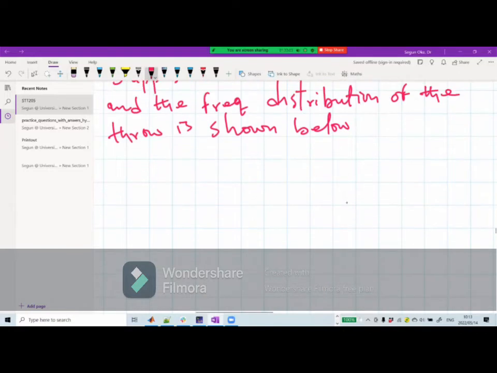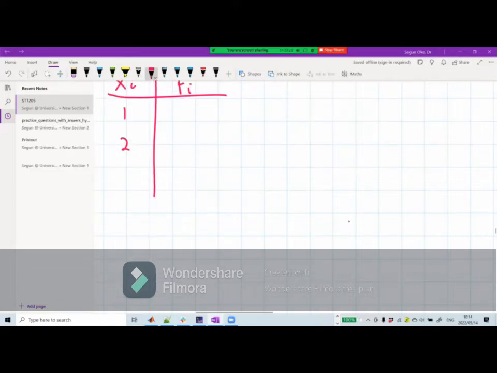Now let's look at this. We have a lot of questions. We're going to this number 2 question. I'll be referring to this number 2 question till we finish this topic. So we have xi and we have the frequency: 1, 2, 3, 4, 5, 6.